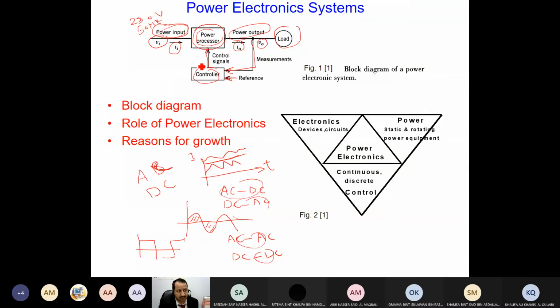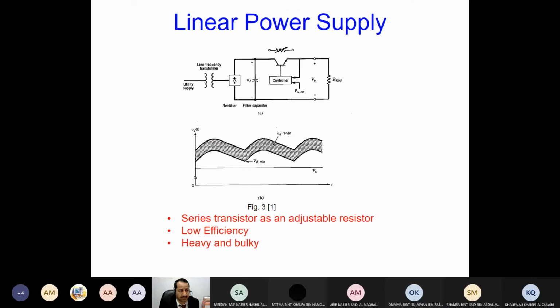A very simple circuit: input, output, and control. So if I come to define power electronics, it's the electronic circuits which convert the power using control. It's a marriage between power, electronics, and control, as we are going to see.